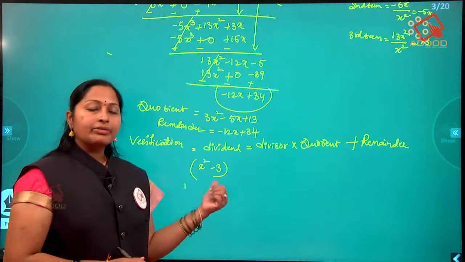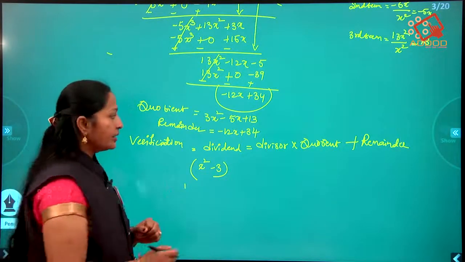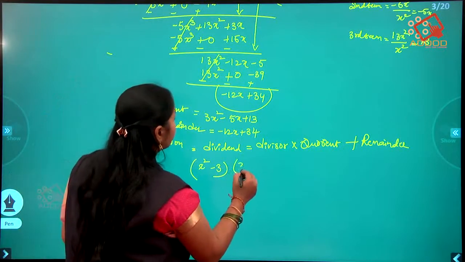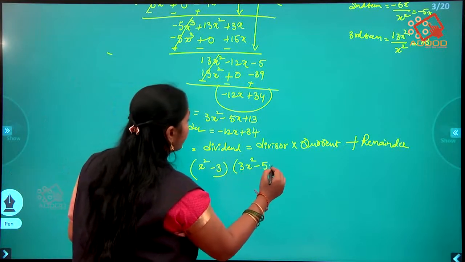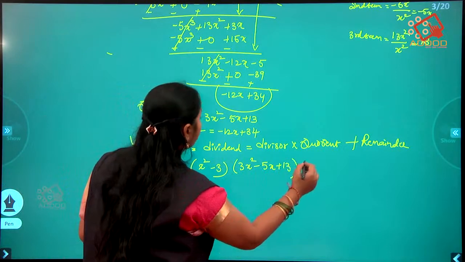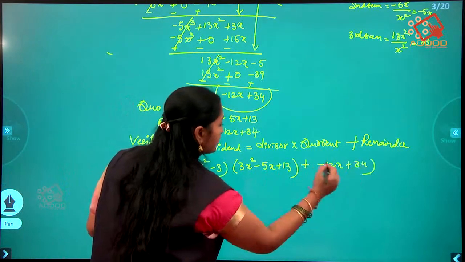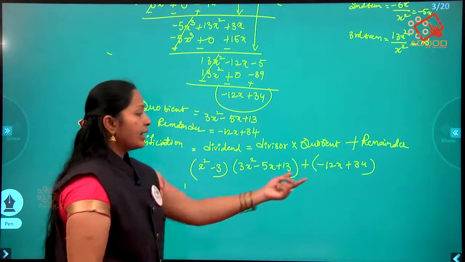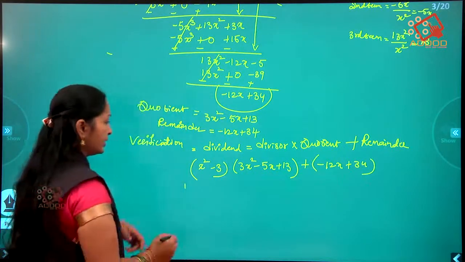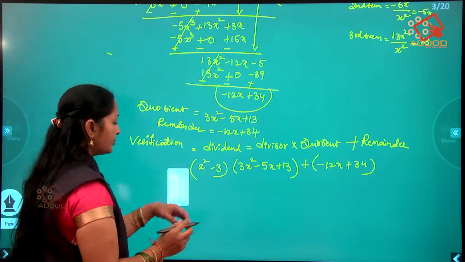Here the given divisor is x square minus 3, into the quotient 3x square minus 5x plus 13, and the remainder is minus 12x plus 34. Now multiply these and add these, we will get the dividend. Now check once.